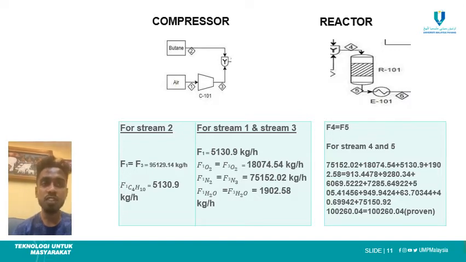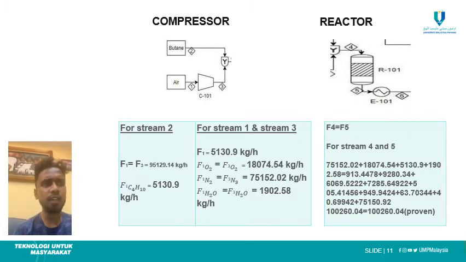So for stream 4, the flow rate will be 100260.04, and for nitrogen in stream 4 it will be 7512.152, for oxygen 18074.54, for butane 5130 kg per hour, and for water 1902.6 kg per hour.